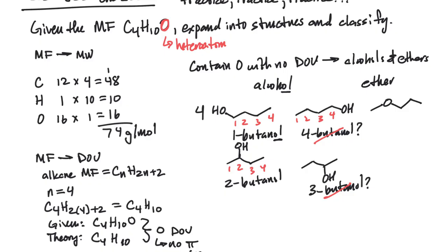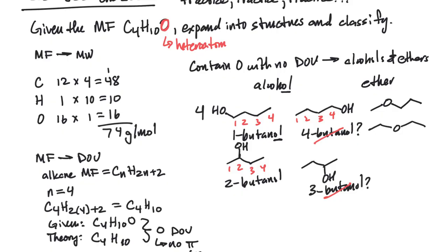We can also draw another ether where we have 1, 2 carbons, then an oxygen, and then the 2 remaining carbons. At that point, we can't draw any more of that type without either redrawing something we drew or violating some Lewis dot rule.